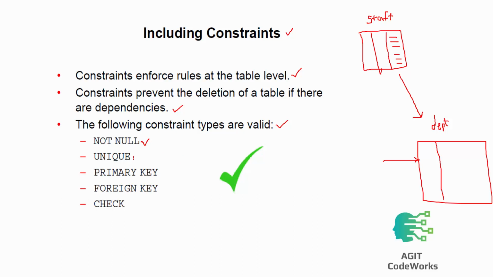Then the unique constraint. This is usually popular with email columns, where we understand that literally no two people in the entire planet can have the same email address. So a unique constraint can be used to enforce that at the table level, so that even if you try to add a new record with the same email for two members of staff, you would get an error message.